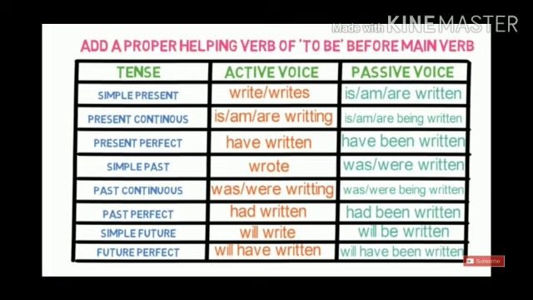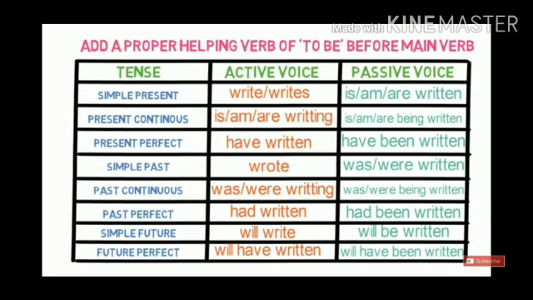In active voice, we use is, am, or are depending on the subject, plus adding ing, that is writing. While in passive voice, we add is, am, or are plus being, being instead of ing, then written as verb 3 past participle.